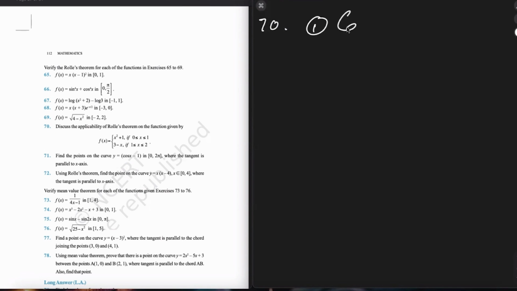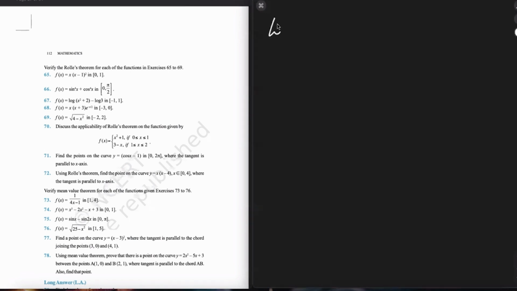Function should be, number one, continuous. Function should be differentiable. So if the function will not satisfy any of these two conditions, then it will not satisfy Rolle's theorem. So let's check. Since these are polynomial, they are continuous everywhere, but we should still check at x equal to 1 because the function is changing its behavior at x equal to 1.